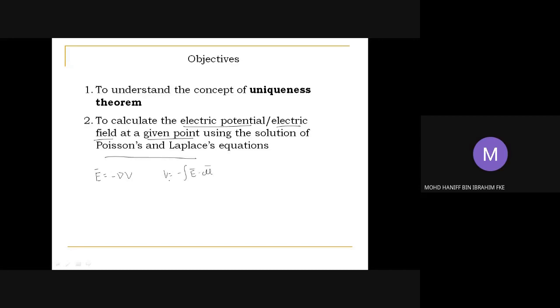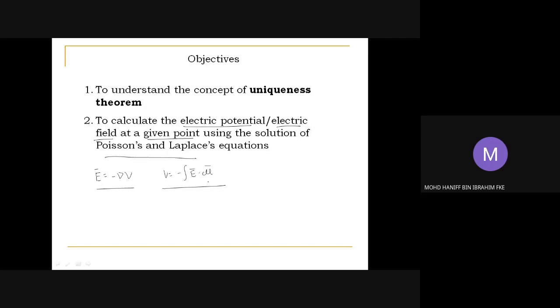These are the equations that can be used to relate the electric field intensity E and the potential V. So if we know the value of potential, we can use it to find the electric field by using the gradient concept. And if we know the electric field, we can use it to find the potential by using these basic equations of potential. Okay, so that should be the objectives of lecture 14.